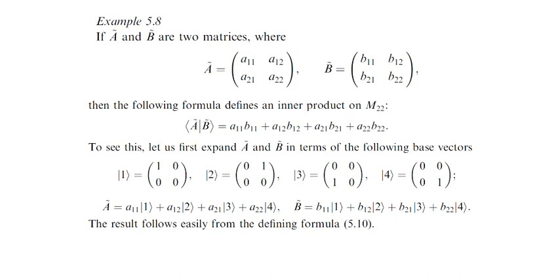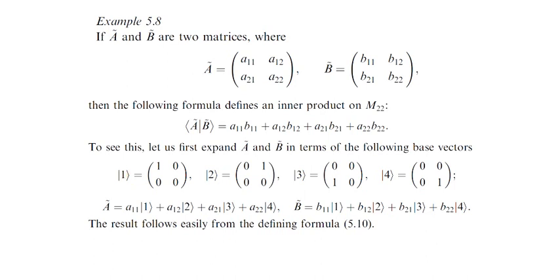Similarly, you can write matrix B also, and it will be like this. And since these are members of an orthonormal basis, the inner product of 1 and 2 would be 0. Any pairwise product would be 0, and the inner product of a vector with itself would give you 1.